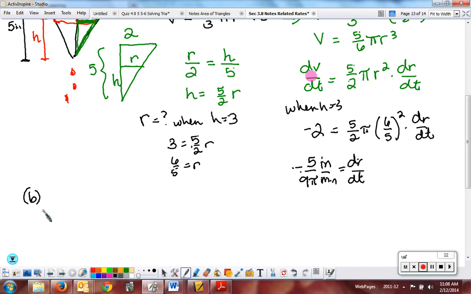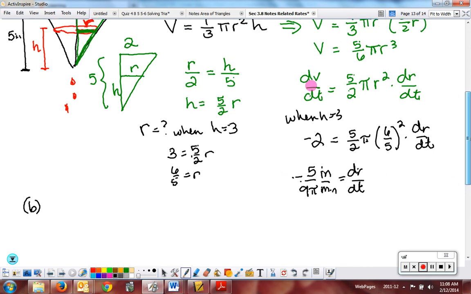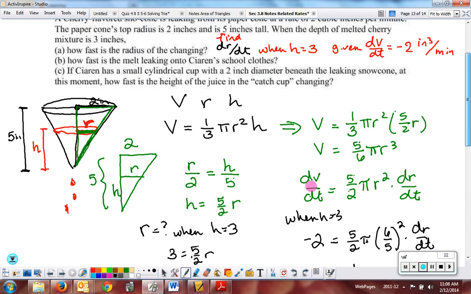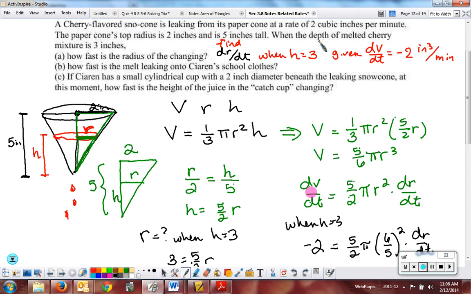There you go. Sure, yeah. When I go back to my English depth, yeah, when the depth is 3 inches, how fast is the radius changing?